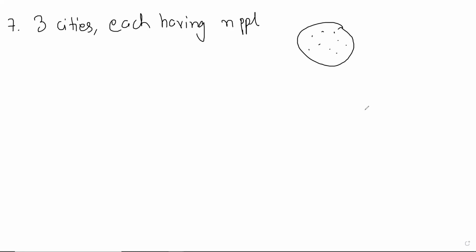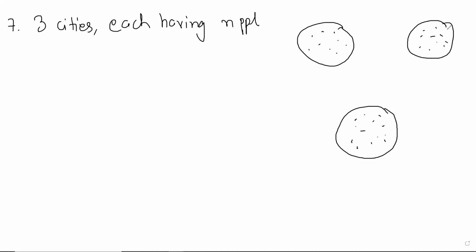So there are n plus people in the first city, and let's see if this connection is useful. There are n people in the second city, and n people in the third city. Each person has n plus 1 friends in the other cities.